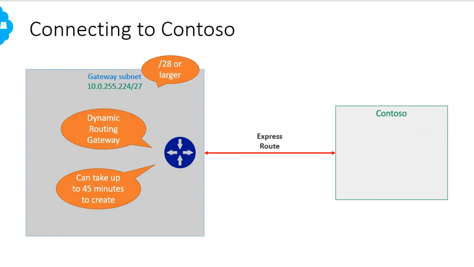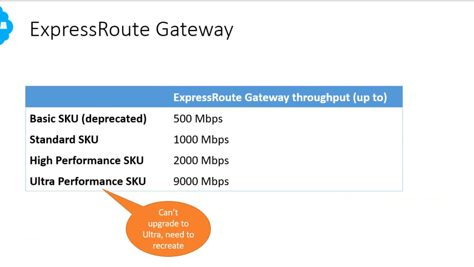Then you can have Express Route from Contoso landing to the gateway with a /28 or larger, depending on your need. You can have dynamic routing, which will take care of the IPs, subnets and assignment. Or you can have the Express Route gateway. We have different SKUs, and you can see the 500 is deprecated.